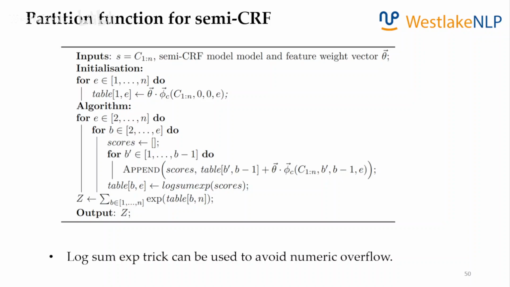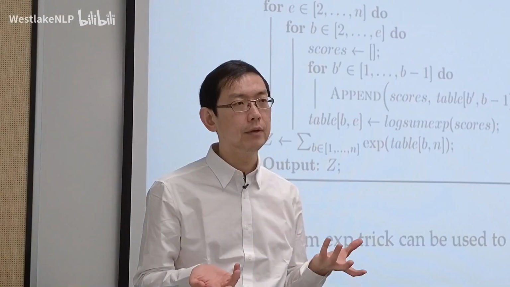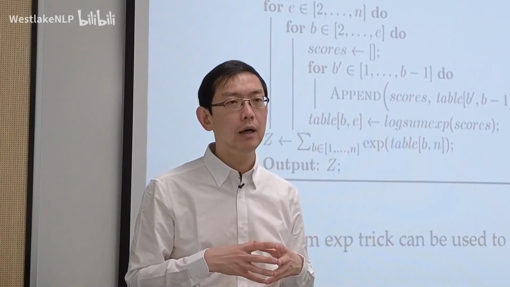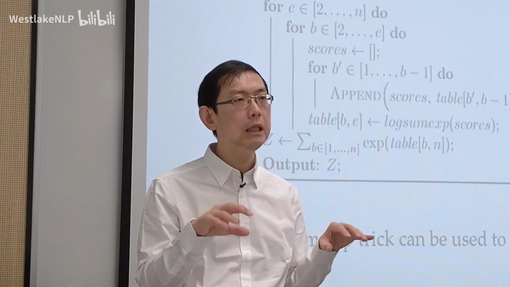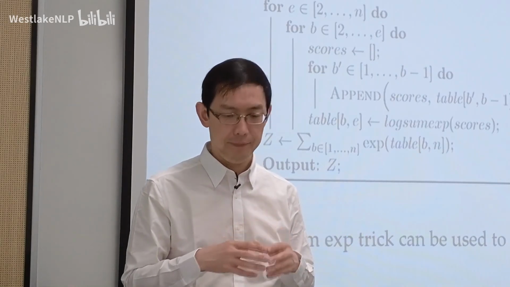I will skip it, but you can read the textbook. But no matter whether you use enumerating BE to calculate the normalization function, or you just use a dynamic program to calculate the exponential sum, the results are identical and the meaning and intuition are the same, okay?